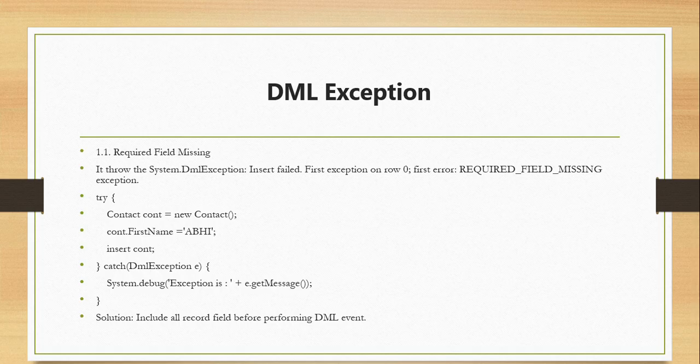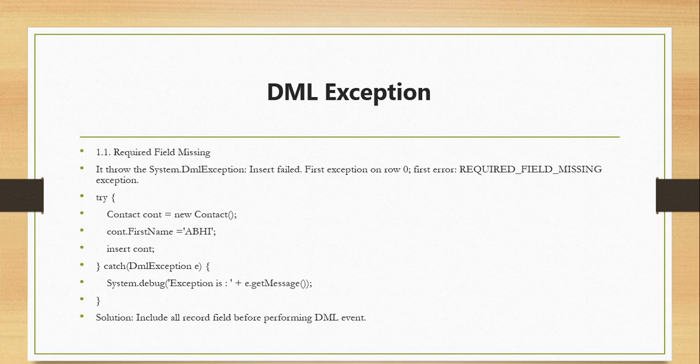How does it come? Your code looks like this: try { Contact c = new Contact(); c.FirstName = 'Abhi'; insert c; }. In the Contact object, the first name is not mandatory but the last name is mandatory when you are creating a new contact.